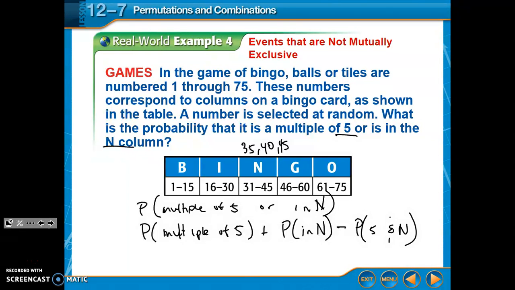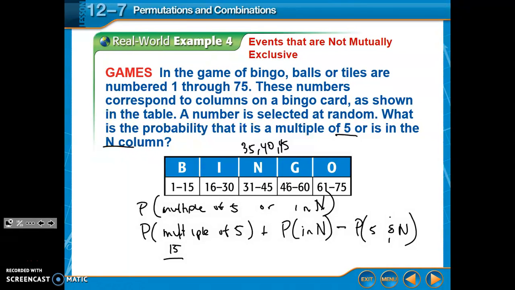Okay, so if we have numbers between 1 and 75, how many numbers are multiples of 5? Okay, in each of these sections, there's 3 numbers that are multiples of 5. So in this one, it's 5, 10, and 15. This one, it's 20, 25, and 30. Right? So each of these has 3, and there's 5 sections. So there's going to be a total of 15.